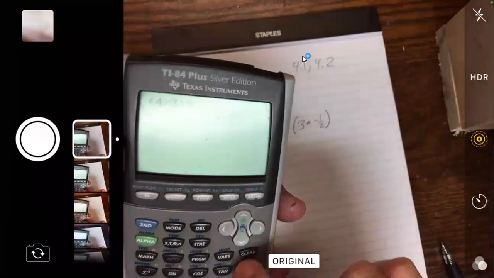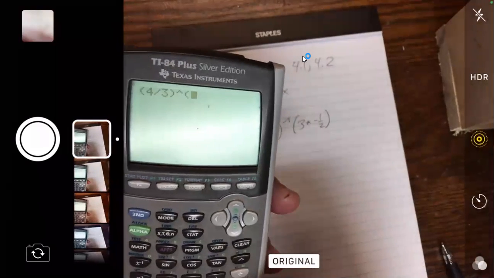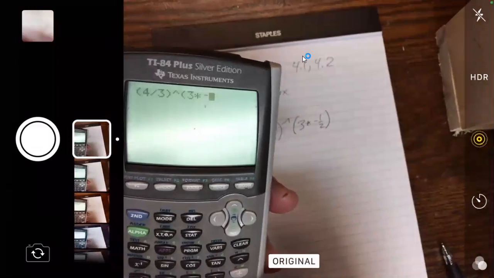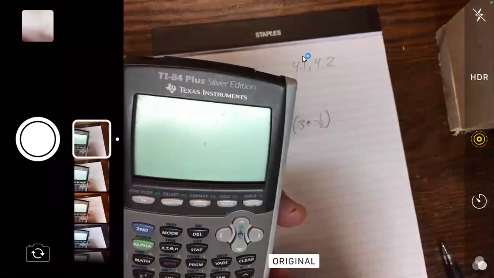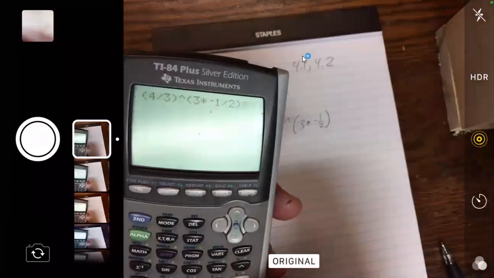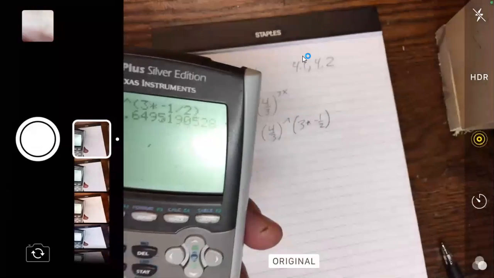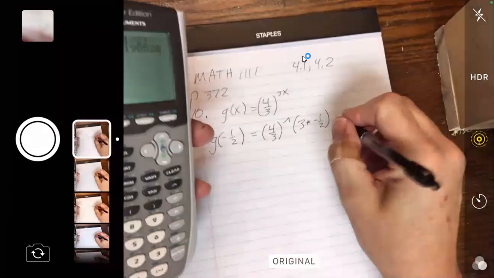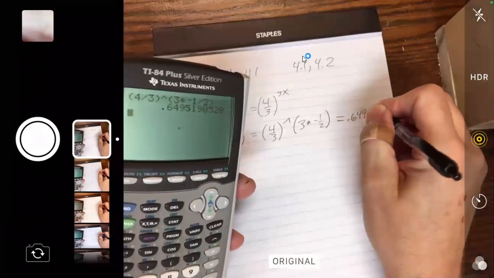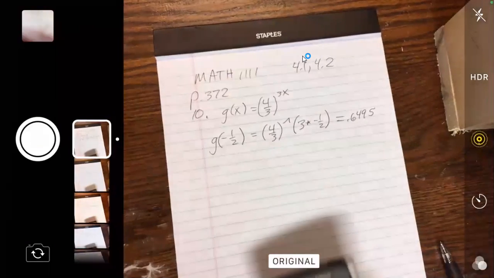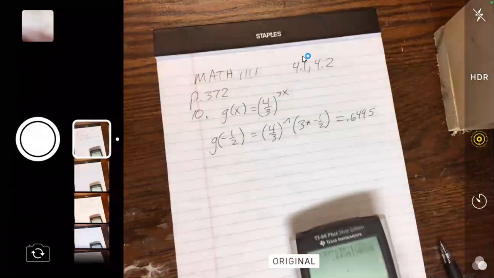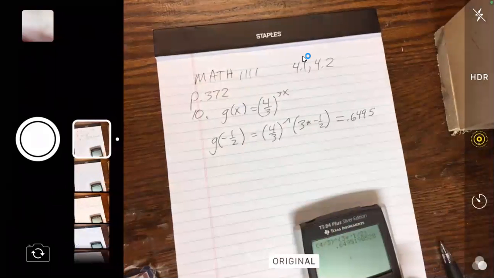That gives 0.6495. It's pretty straightforward. Just need to make sure you put stuff in parentheses if there's multiple pieces.